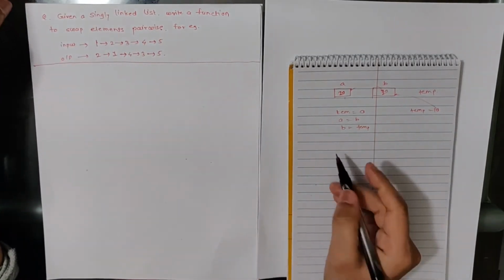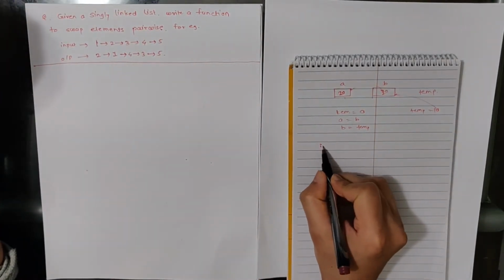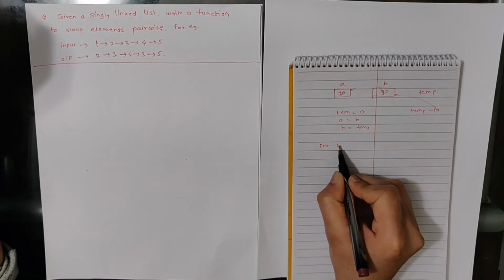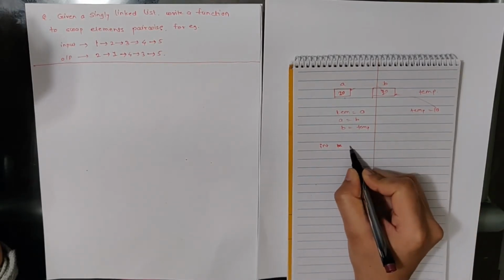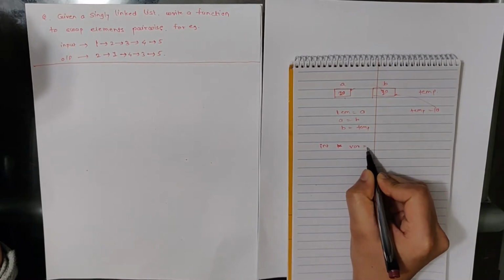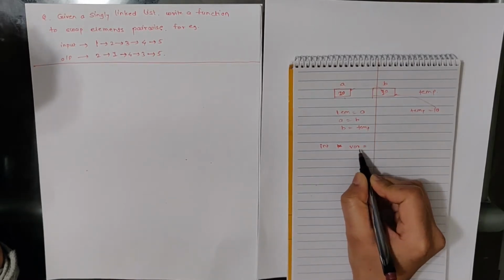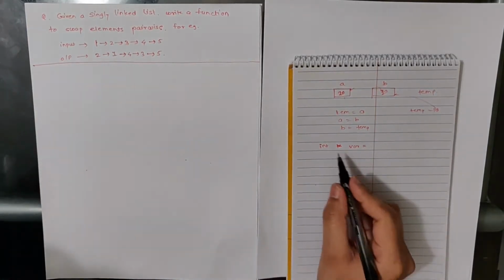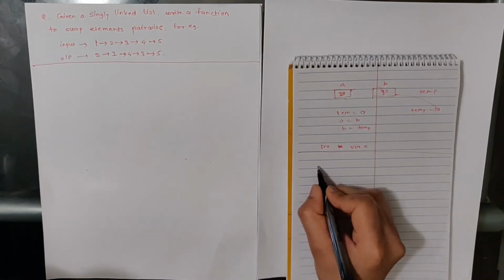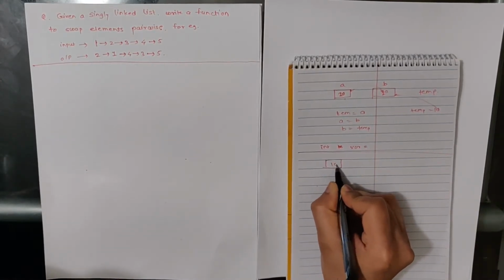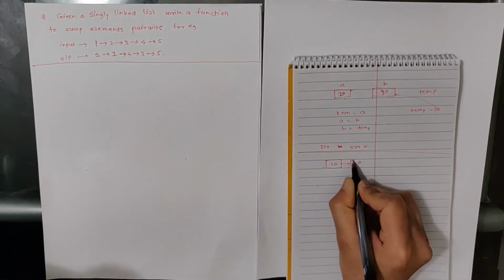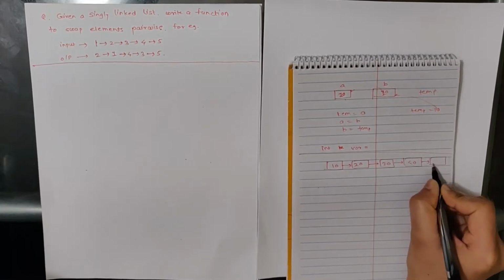We will keep one variable that will hold the data temporarily. Suppose this is the linked list given, that is 10, 20, 30, 40 and 50.